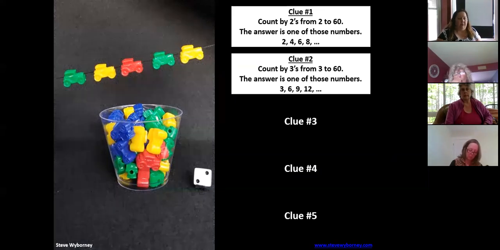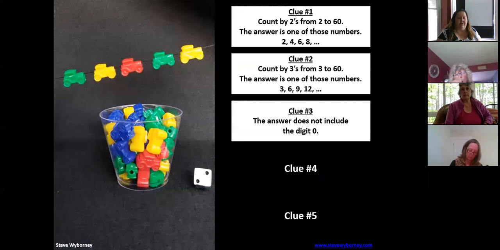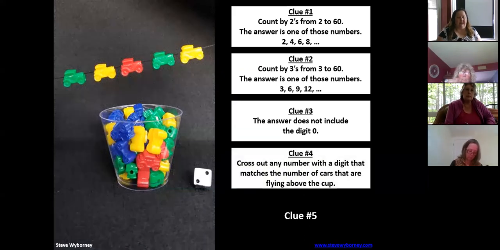My next clue, the answer does not include the digit 0. So I know that it can't be 10, 20, 30, 40, 50, 60. So those numbers are out. So I'm still refining my estimate. My next clue is cross out any number with a digit that matches the number of cars that are flying above the cup.